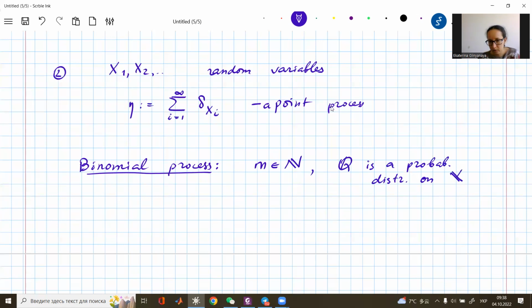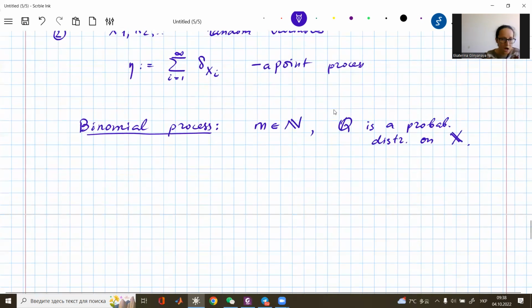So this will be the space X, or if it is simpler, you can consider here R. It's up to you. And I consider now not general but independent random variables x1 to xm.